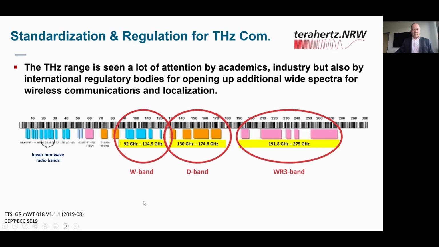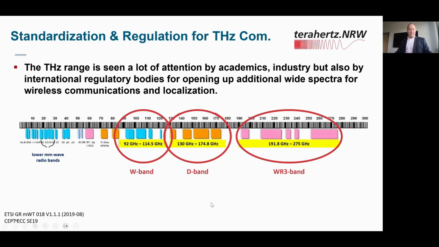Here we are talking about the frequency bands that you can see on the slides. They are in the W band, the 92 to 114 gigahertz range, in the D band, which is 130 to 175 gigahertz approximately, and in the WR3 band, which is in most examples that I showed today, a little bit lower than 300 gigahertz.